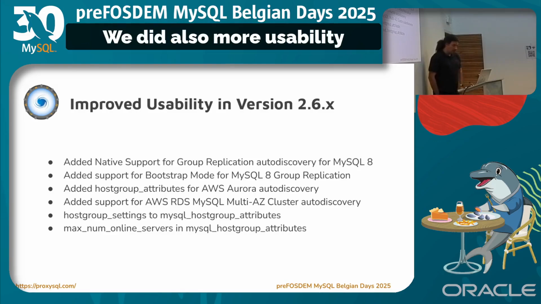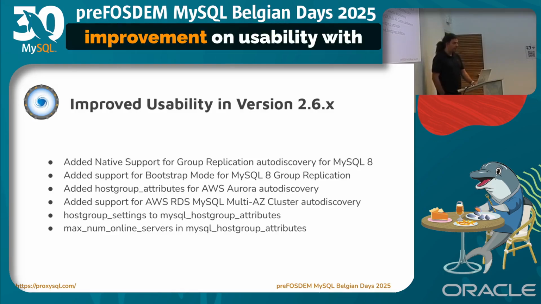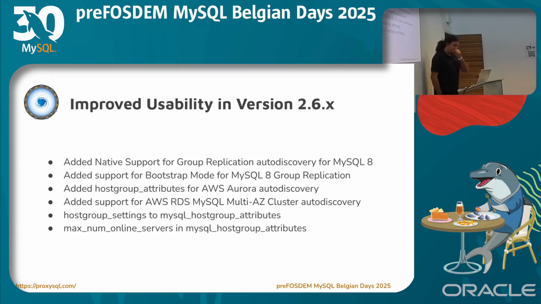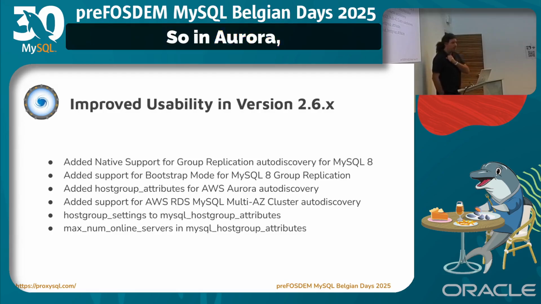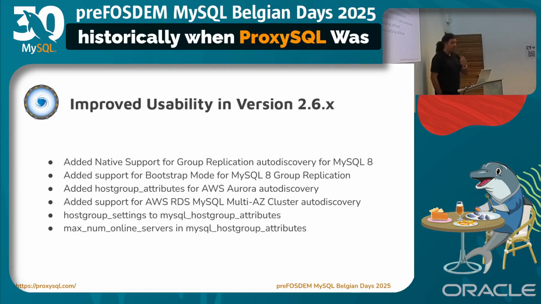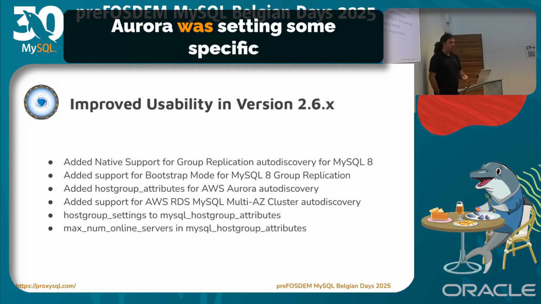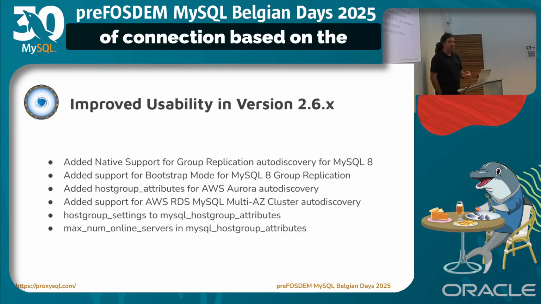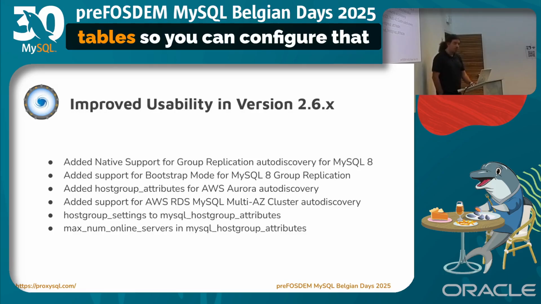We did also more improvement on usability with AWS, both Aurora and RDS. In Aurora, historically, when ProxySQL was able to detect a new server, it was setting some specific attributes like maximum number of connections based on the other servers in the same host group, while now this is configurable through the host group attributes table.